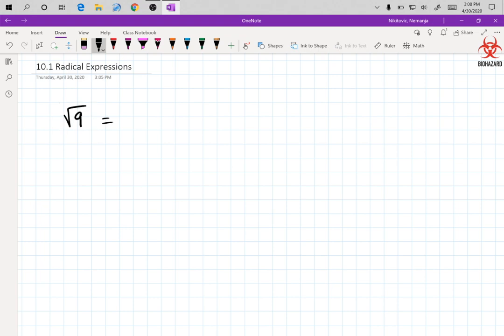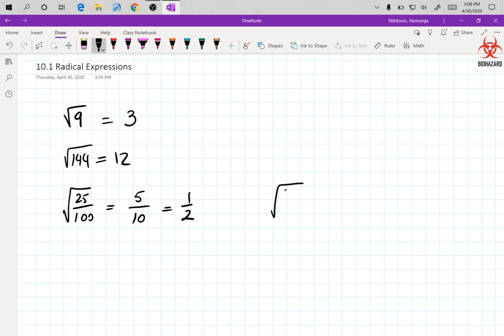You already know that the square root of 9 is 3, square root of 144 is 12, right? Square root of, let's say, 25 over 100 is 5 over 10, which is 1/2. And the other thing that you can do, if you have 25 over 100, that reduces down if you divide by 25 to 1 over 4.